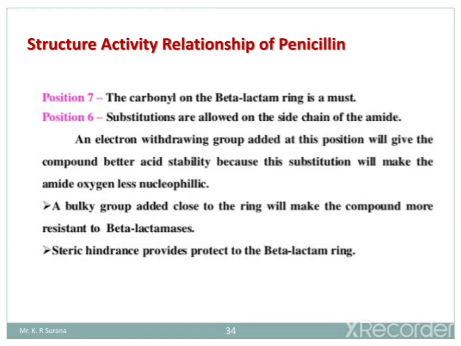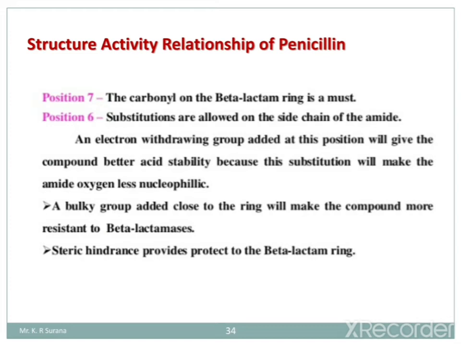Once we substitute this electron withdrawing group at the 6th position, the amide side linkage, it will give a better acid stable product, because it will make the amide oxygen less nucleophilic. Second, a bulky group added close to the ring gives the compound more resistance to beta lactamase.